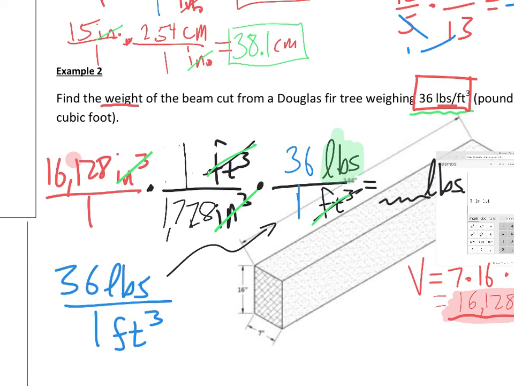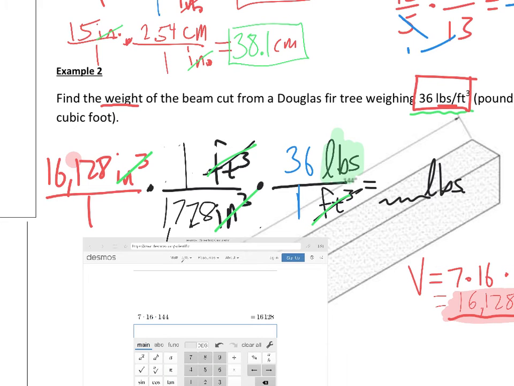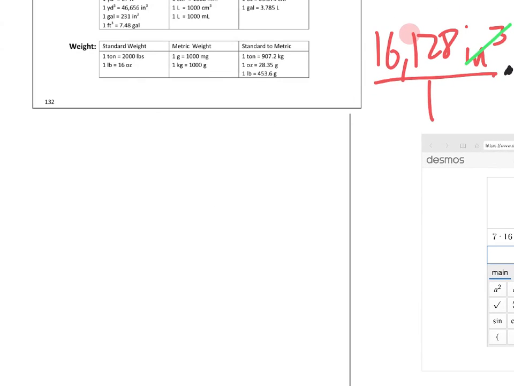Now how do we multiply this out? Well, the key here is that when we're multiplying by 1 over 1,728, that's the same as dividing. Okay, and just to clear that up, if I have 8 times a half, 8 times a half is 4.